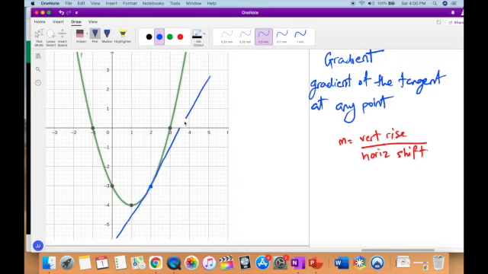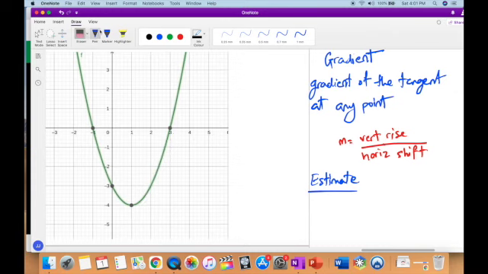You could draw it as long as you want. And remember, when you find this gradient, it is not going to be the exact gradient. It is just going to be an estimate. That is why a lot of questions will tell you to estimate the gradient, because it wouldn't be exact. Each one of you should get a different answer depending on how slanted you draw your tangent.